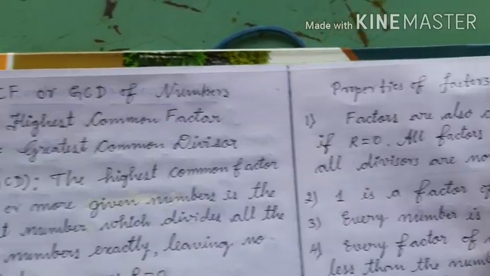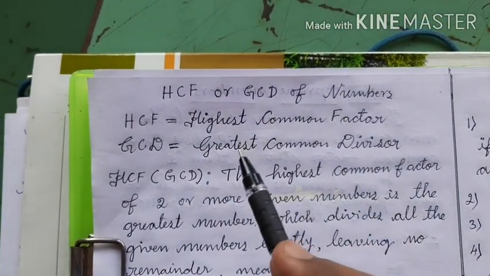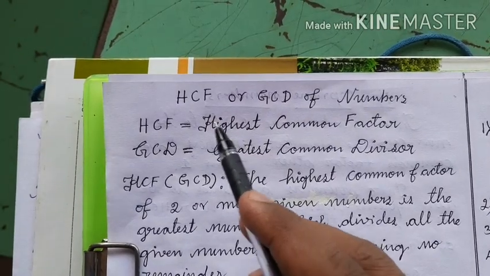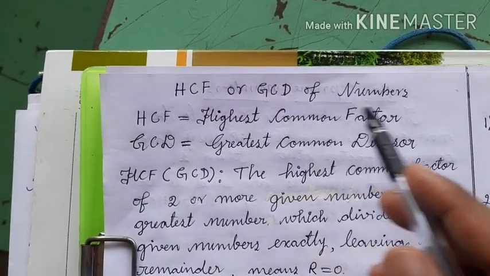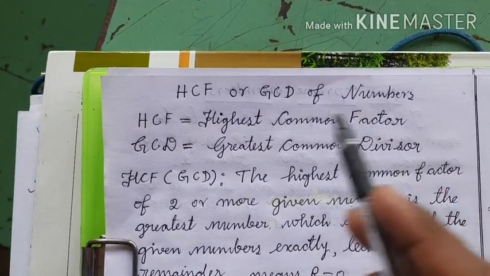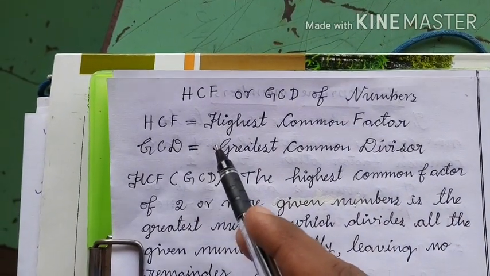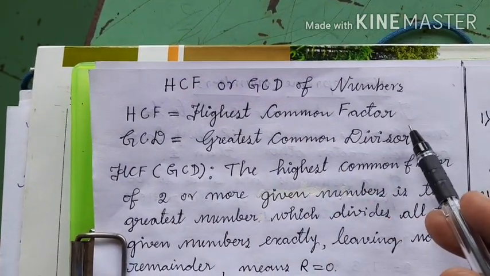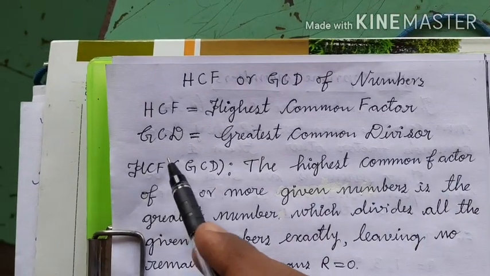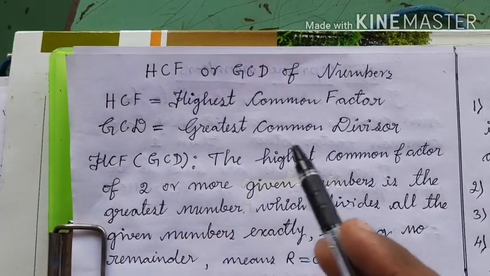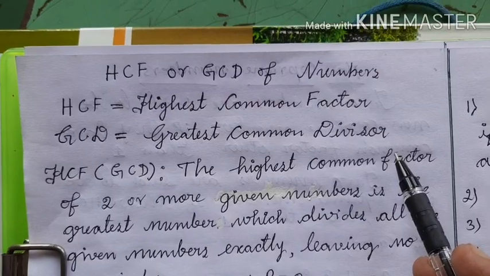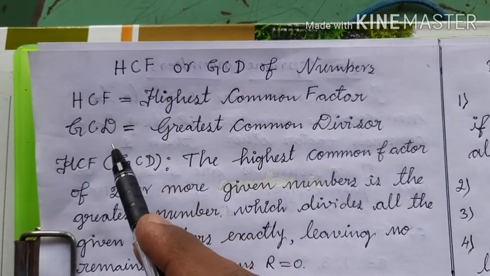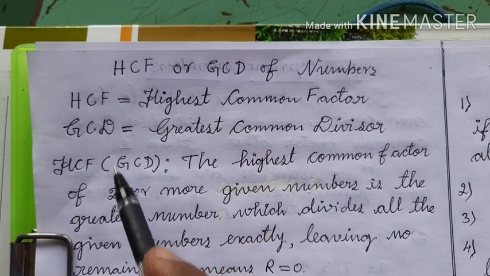Okay, children. Now let us move on to today's important concept, HCF or GCD of numbers. See here, HCF stands for highest common factor, and GCD stands for greatest common divisor. HCF and GCD both are same.